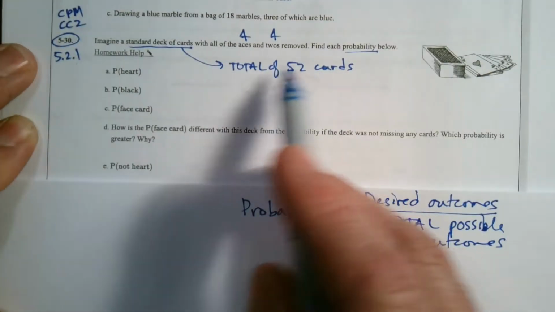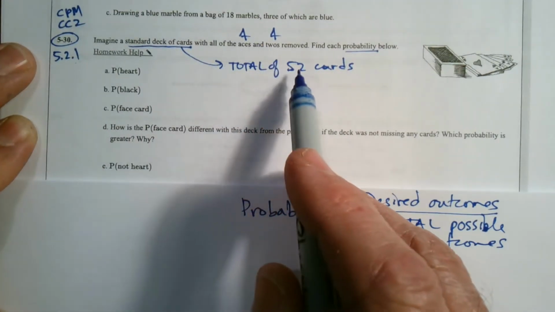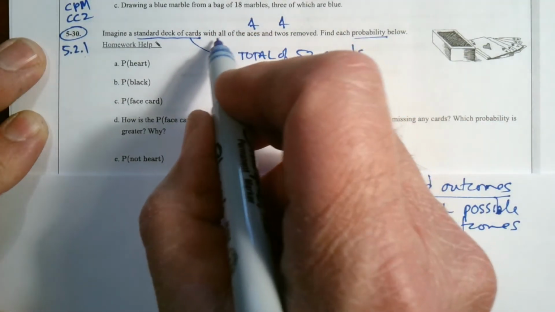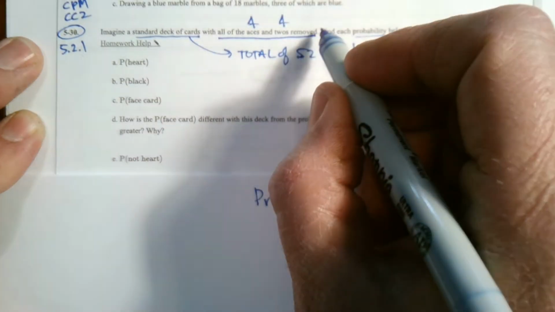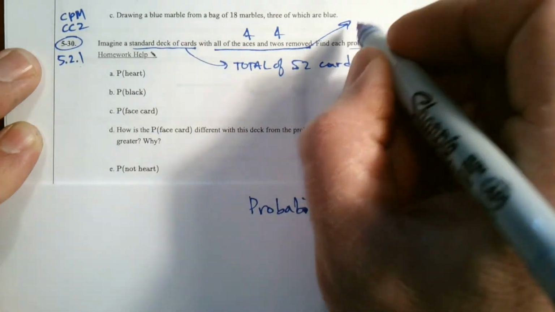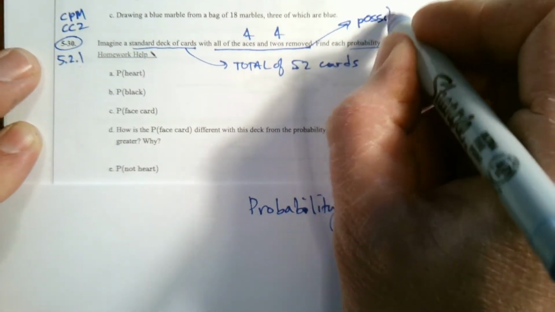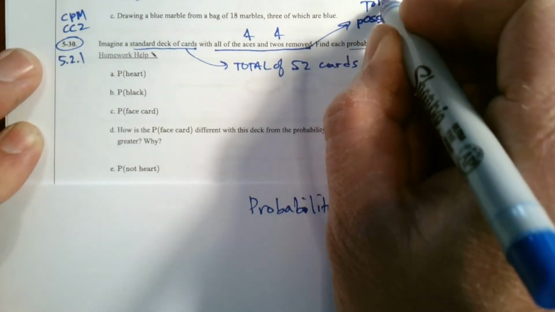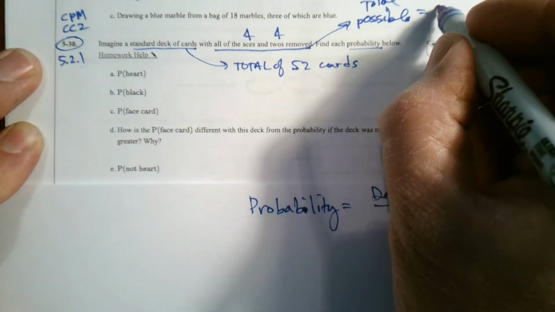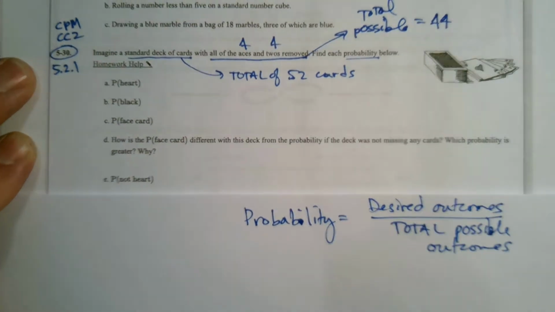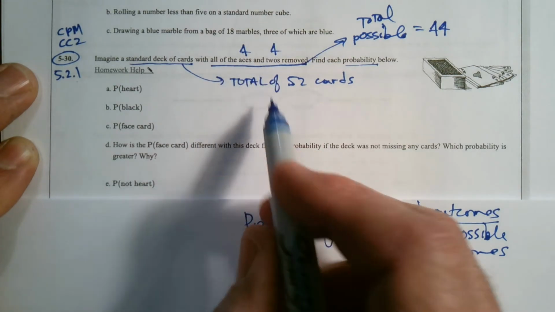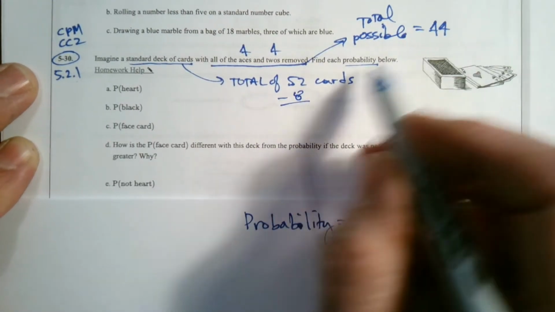But in this case, my total possible outcomes is going to be 52 minus 8. With the aces and twos removed, my total possible is equal to 44, because I took out 8.